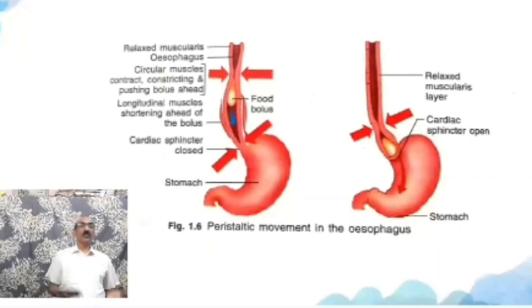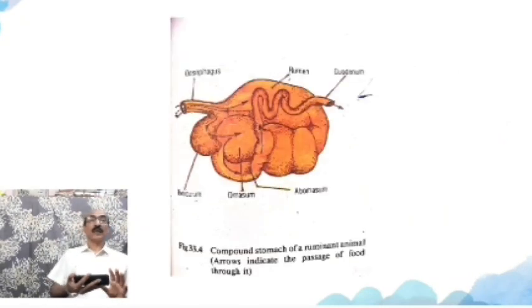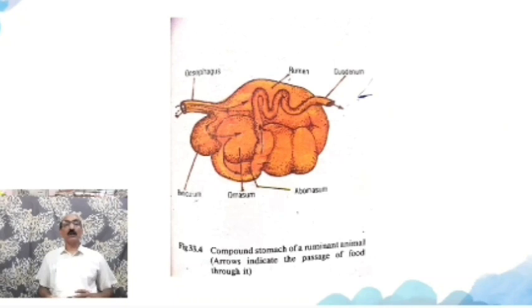The stomach in ruminant animals is something different from ours. There are 4 sacs, called rumen, reticulum, omasum and abomasum. That's why cattle are also called ruminant animals.